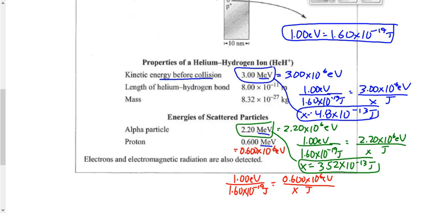So 1 is to 1.6, and 0.6 is to x. If we cross multiply that one, we get a value for x of 9.6 times 10 to the negative 14 joules. So 0.6 MeV is equal to 9.6 times 10 to the negative 14 joules.